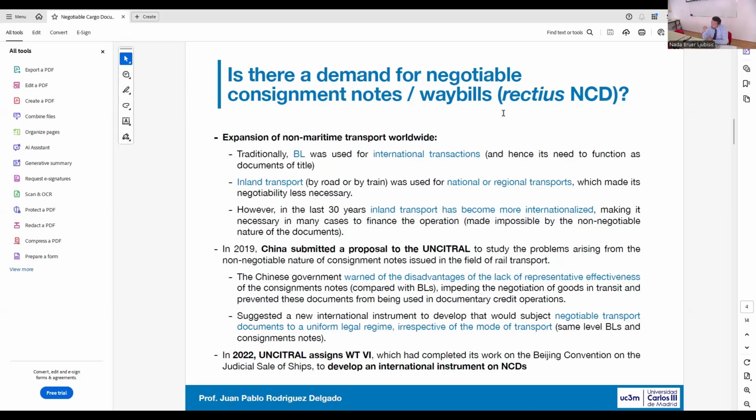And the problem is that nowadays non-maritime transportation has become more international, in the sense that a truck can load a container and go to Russia, or a train comes from China to Europe. This internationalization of non-maritime transportation has created a necessity for the industry to finance the international operation. And when you need to finance the operation, or when you want to transfer the goods to a third party, at that precise moment you need the document to be negotiable.